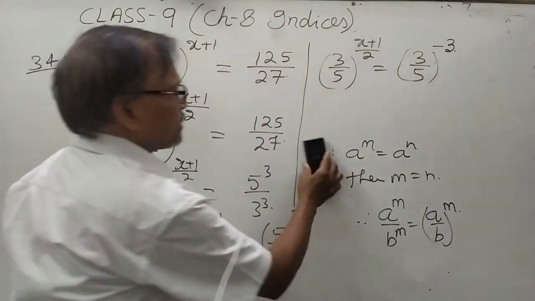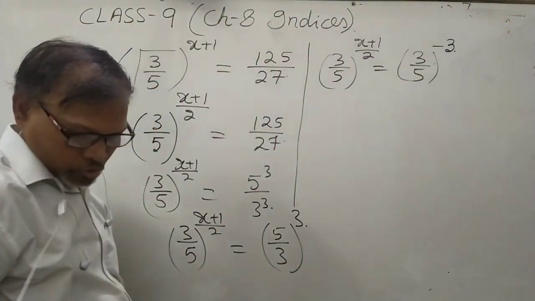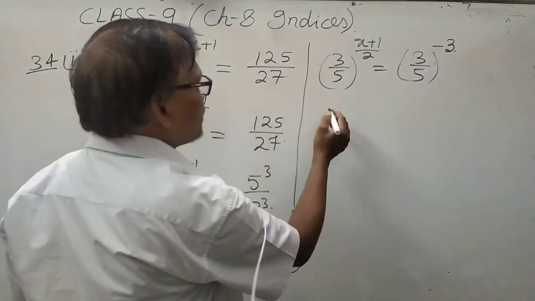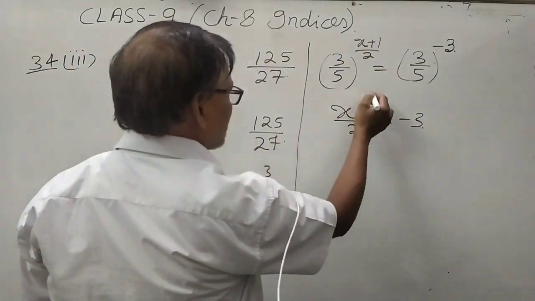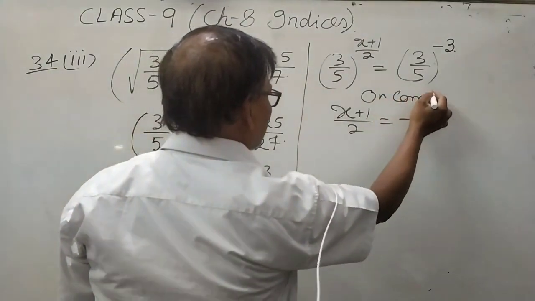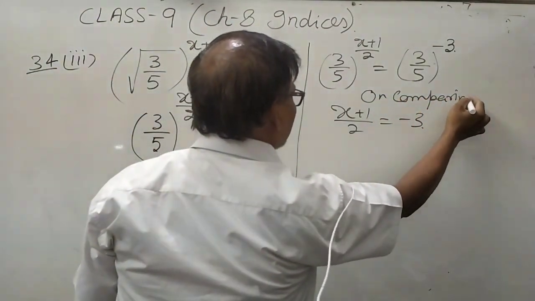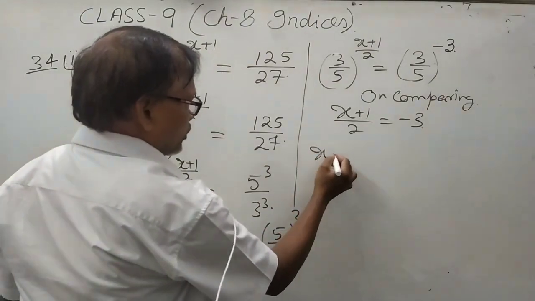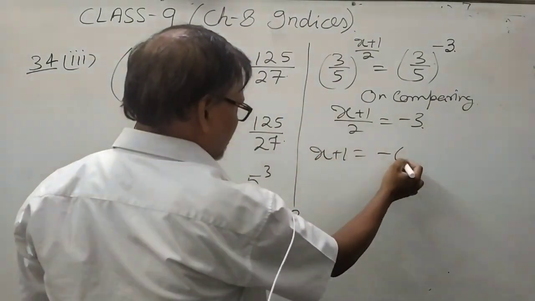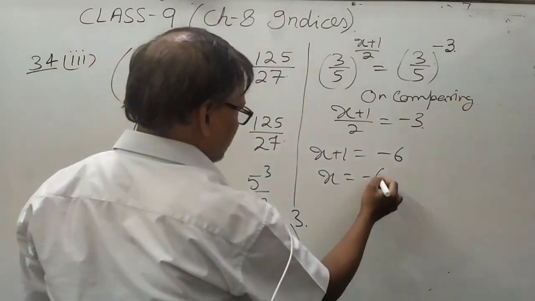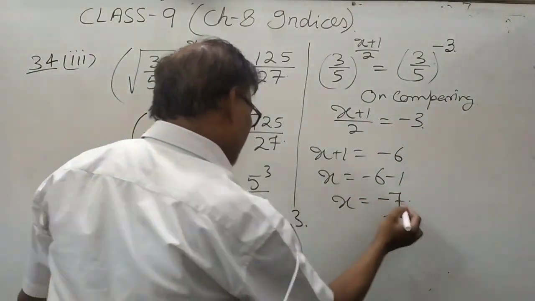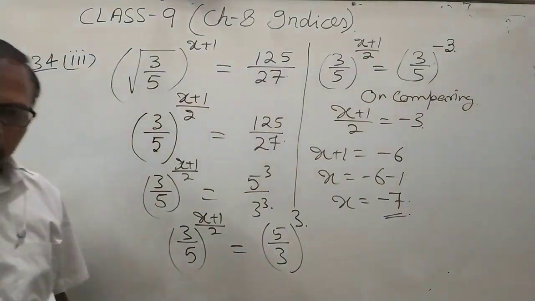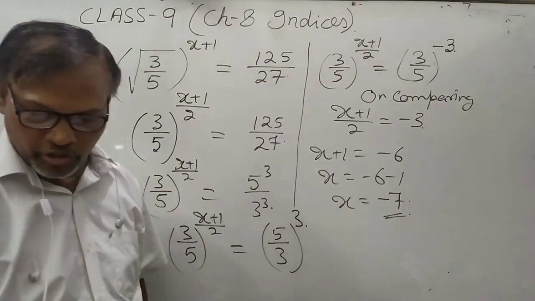After getting this, you can apply the same formula, that is, (x plus 1) by 2 is equal to minus 3. On comparing, write the formula. Now cross multiplication, and the value of x is minus 7. In this way you can find it.